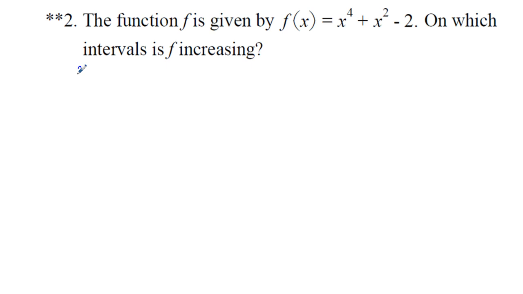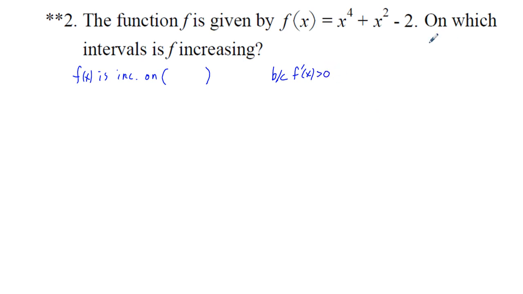I'm going to say f of x is increasing on, I don't know where exactly. Leave myself a lot of room in case I need 2 intervals or so. But the reason will be because f prime of x is greater than 0.